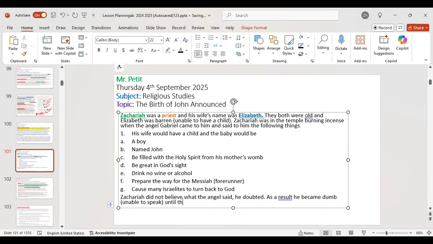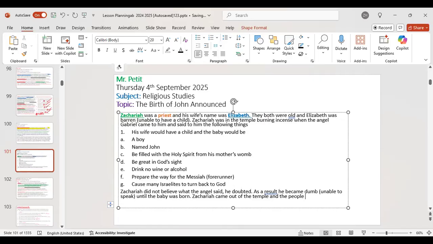Until when? Until the baby was born. Zachariah came out of the temple, and the people knew that he had a vision because he couldn't speak and because he took extra long in the temple.